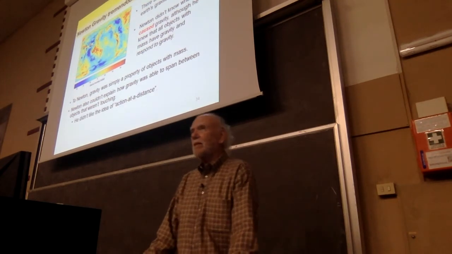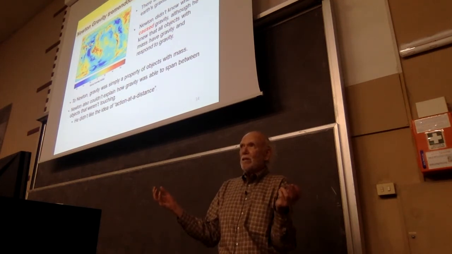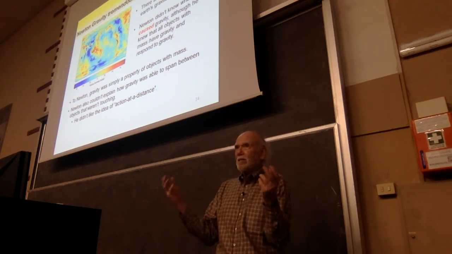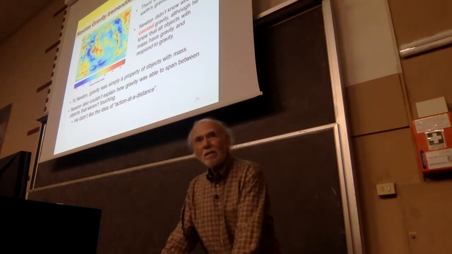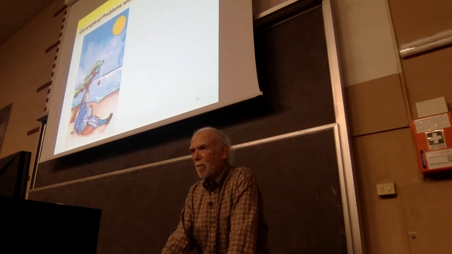He didn't like the idea of, and he used the word, action at a distance. Later, I'll talk about an even harder problem, which is instantaneous action at a distance. But he actually wrote that he was troubled by action at a distance. I'll give you his quote in a minute.